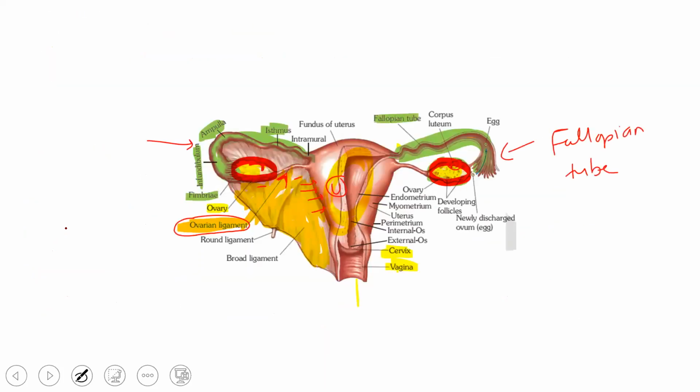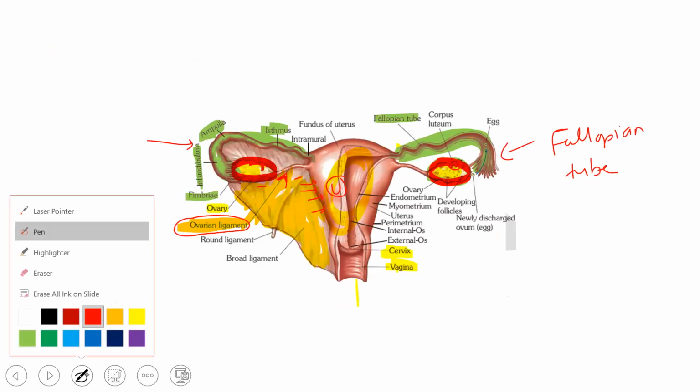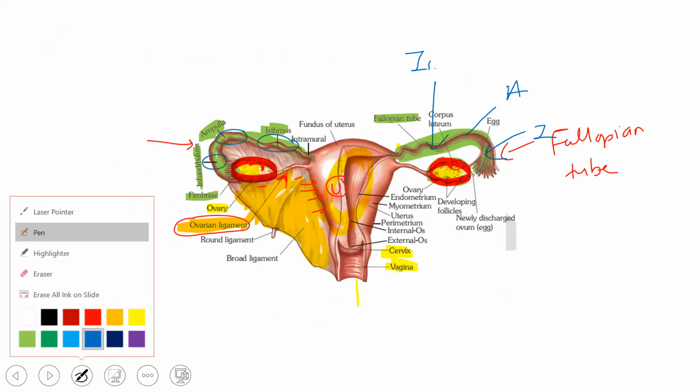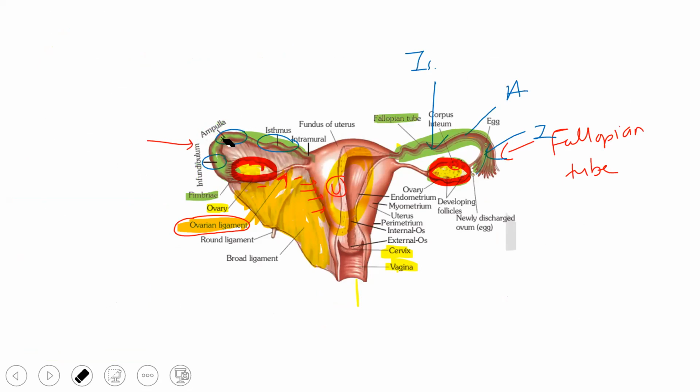As you can see over here, I want to highlight in this diagram, this is infundibulum, this is ampulla, and then this is isthmus. I hope you can see this part.